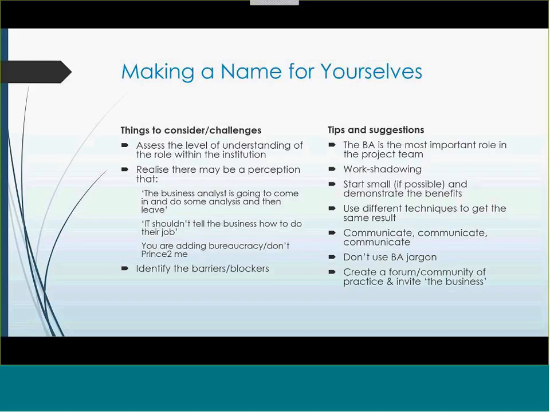And lastly, create a forum or a community of practice and invite the business. We did this at the University of the Arts before I left. We did a community of practice, with all the similar things that I did at Ariel. It was an early idea, I should say.